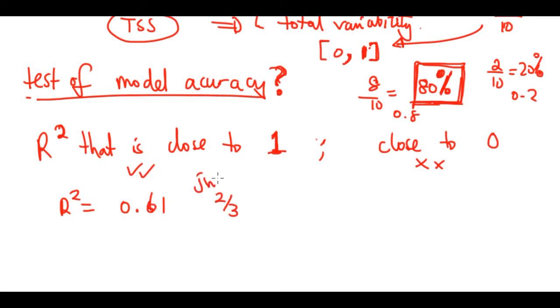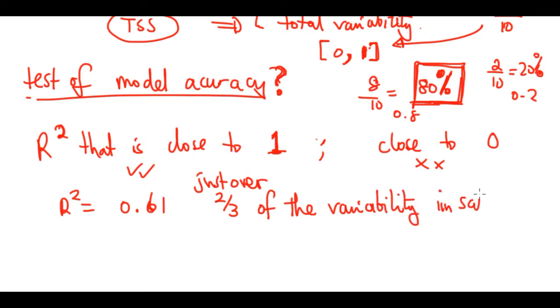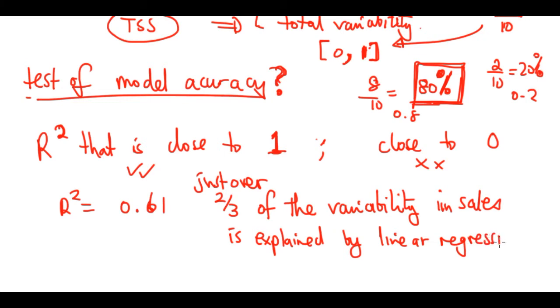So just over 2/3 of the variability in sales is explained by linear regression. And you remember here we're doing linear regression with what?